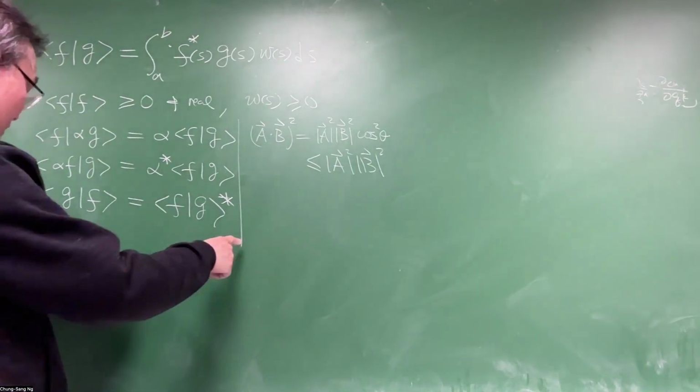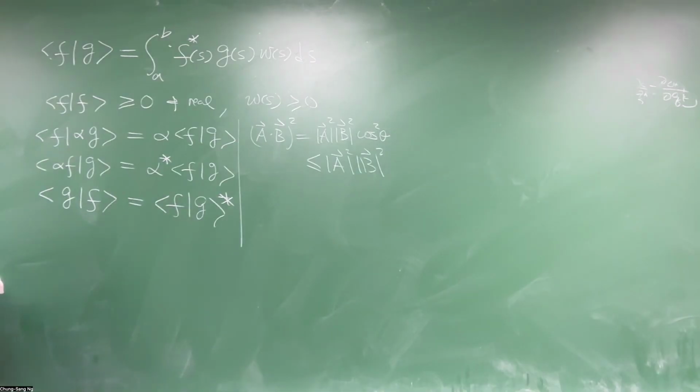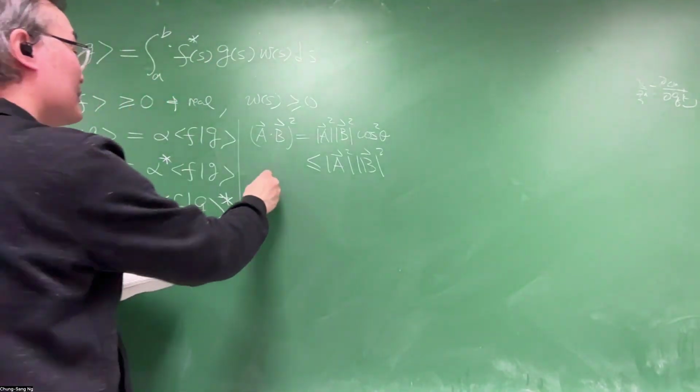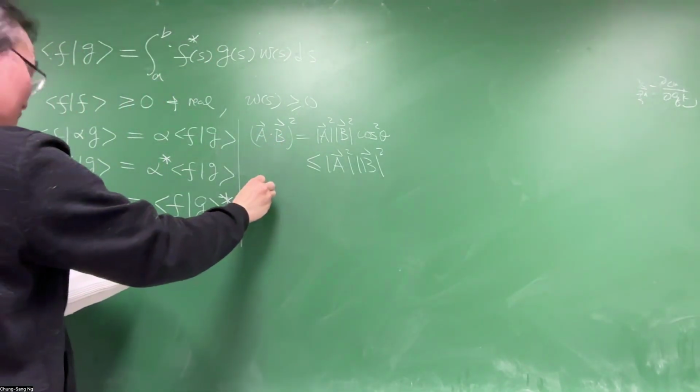Now in function space, using this scalar product, the form is exactly the same. It's just that the dot product becomes your scalar product.